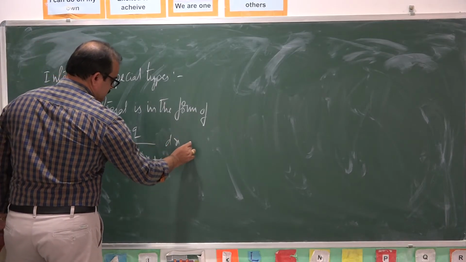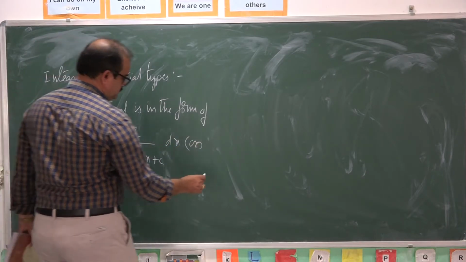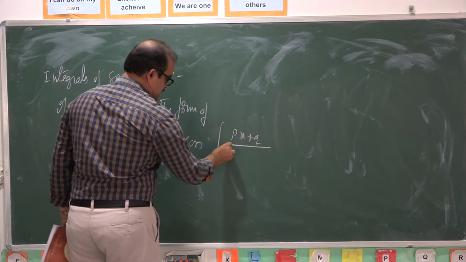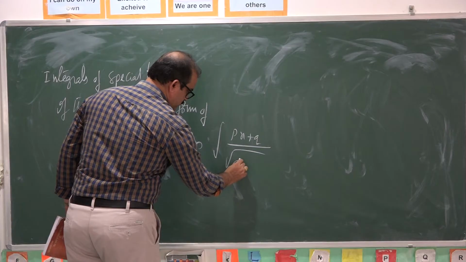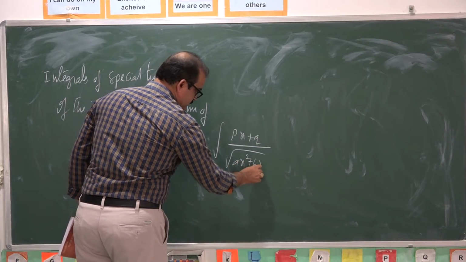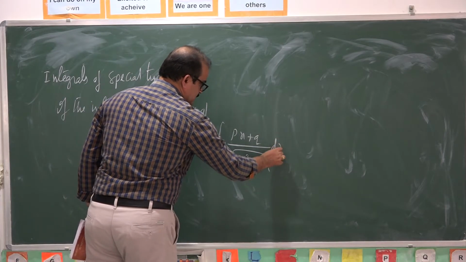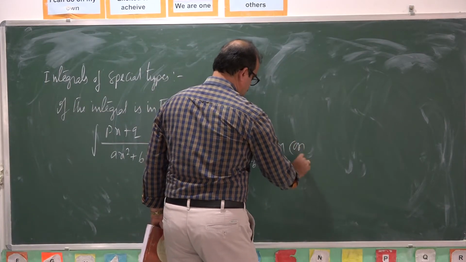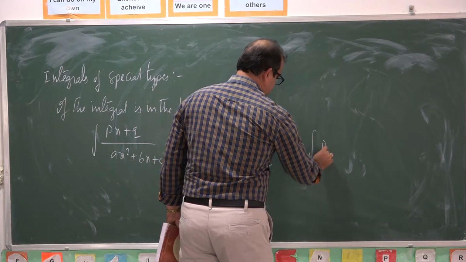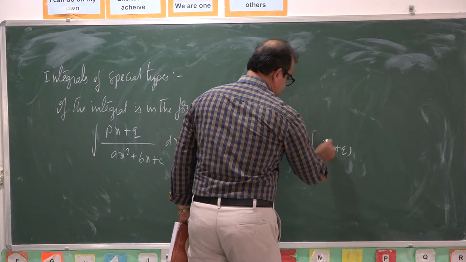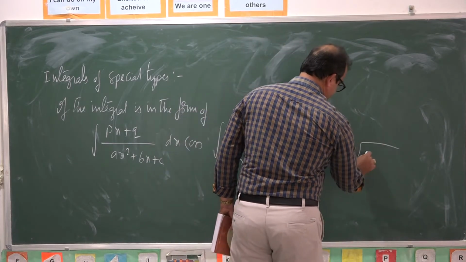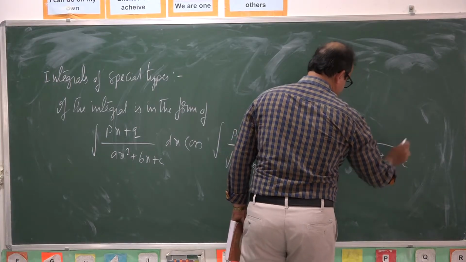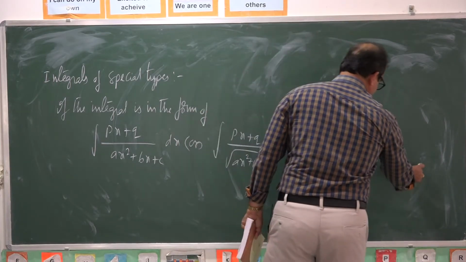Integral of (px + q) by root of (ax square plus bx plus c) into dx, or integral of (px + q) into square root of (ax square plus bx plus c) into dx.